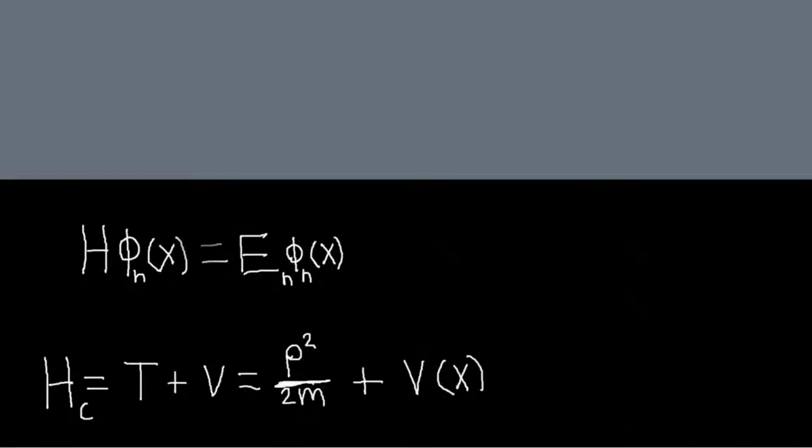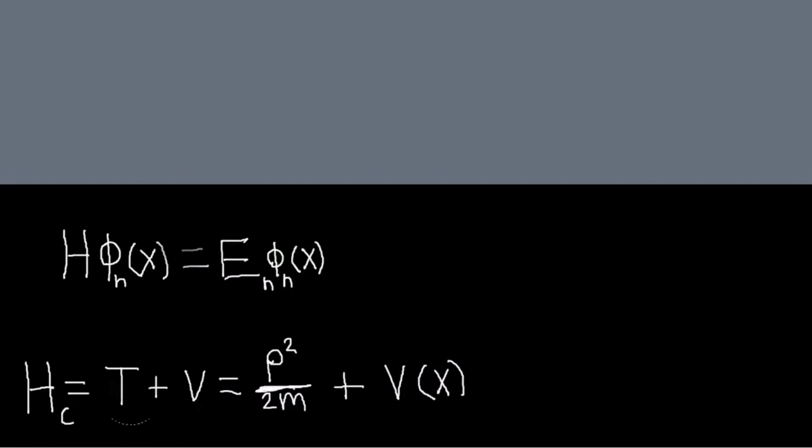So how do we actually do this? Well, we need an expression for our Hamiltonian, and that's not tremendously difficult to do. We know the classical Hamiltonian is just the kinetic energy plus the potential energy, and so p squared over 2m plus V, the potential energy, will be some function of x.